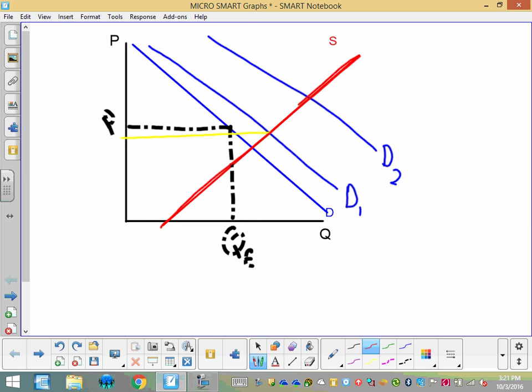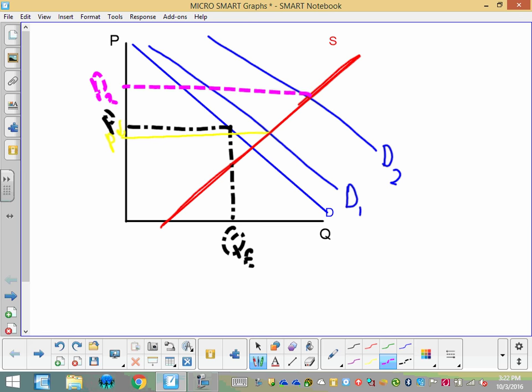It would decrease. What happened at D2? Price increase. Correct. So I'd say they both increase. What happens to quantity? Quantity increases. What happens to price? Indeterminate.